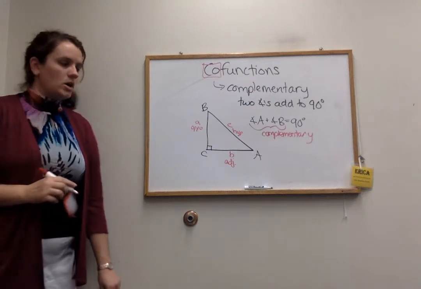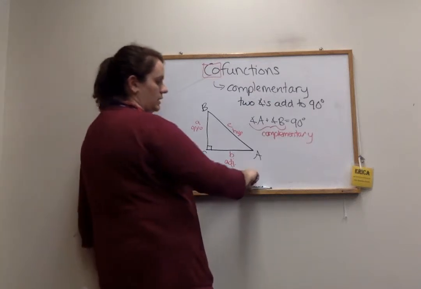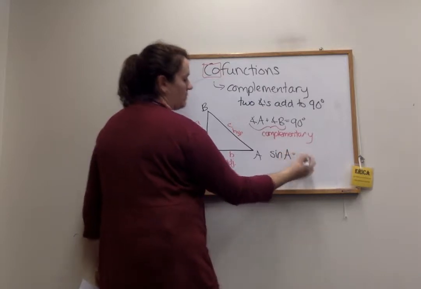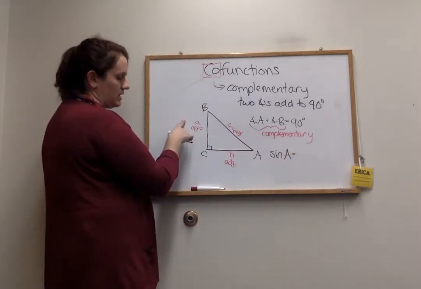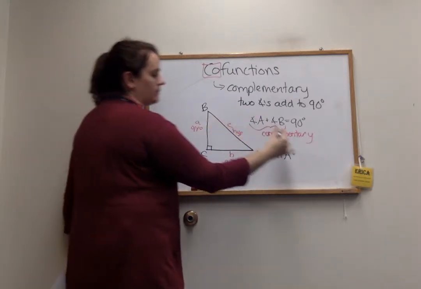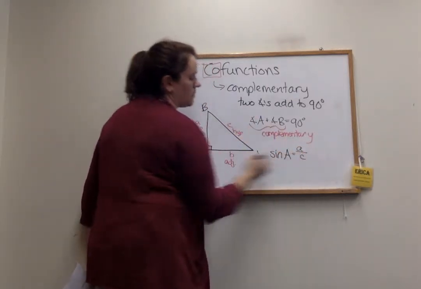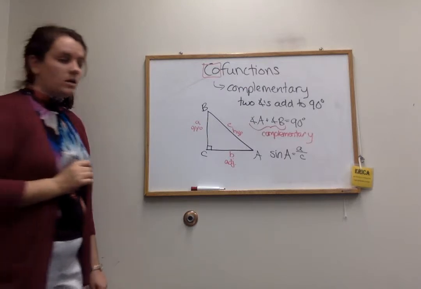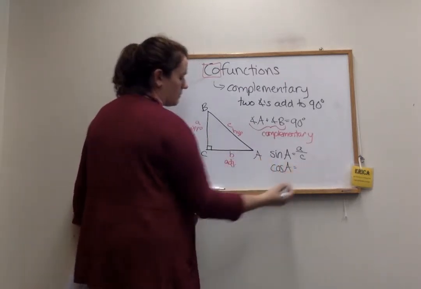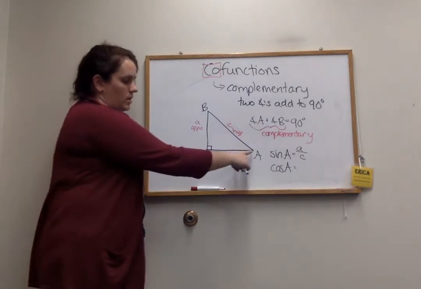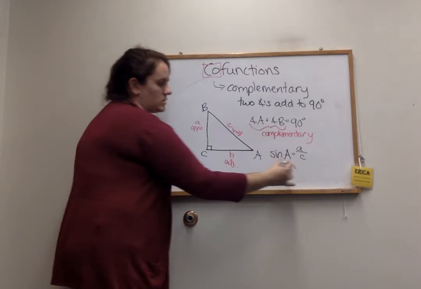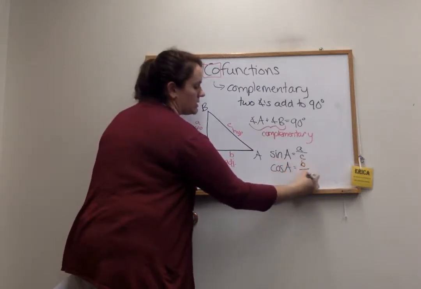So if we wanted to talk about the sine of angle A, that's going to be opposite over hypotenuse, A over C. And the cosine of A is going to be adjacent over hypotenuse, which is going to be B over C.